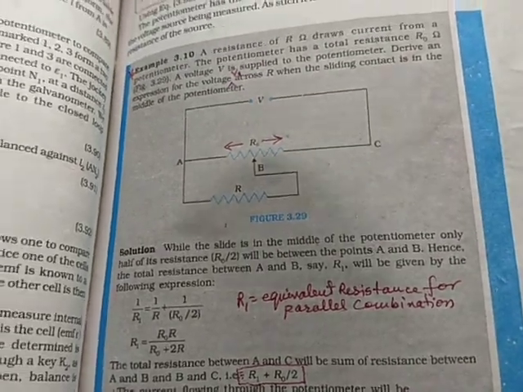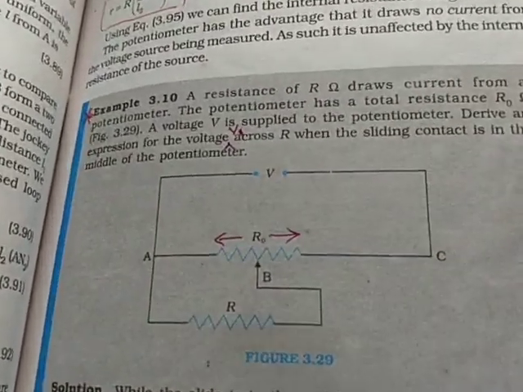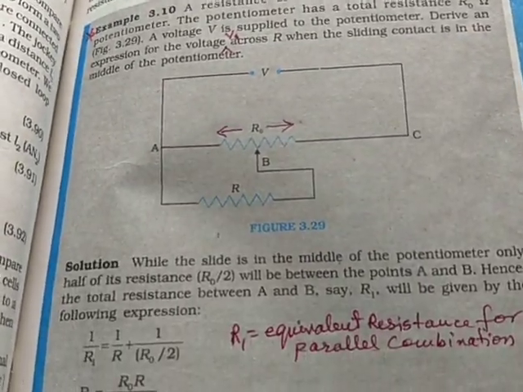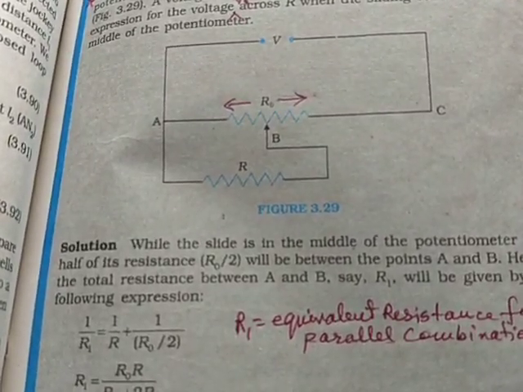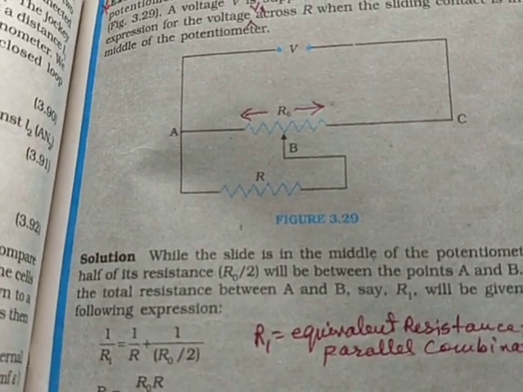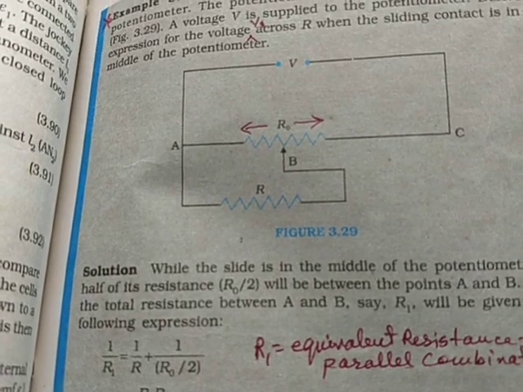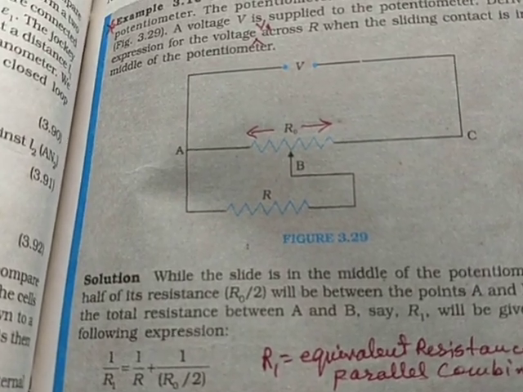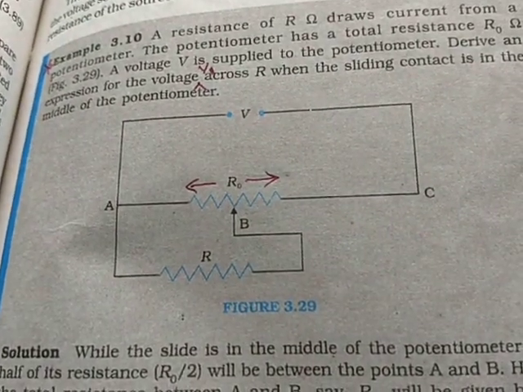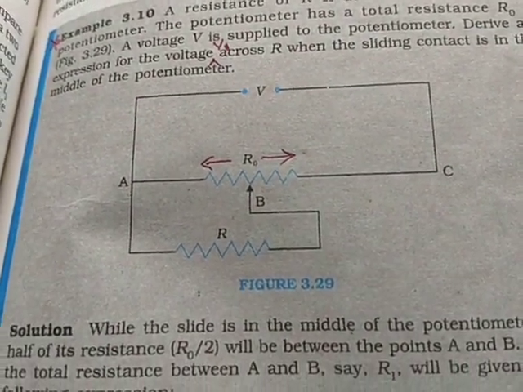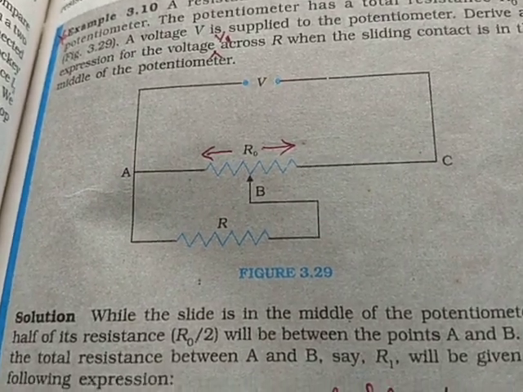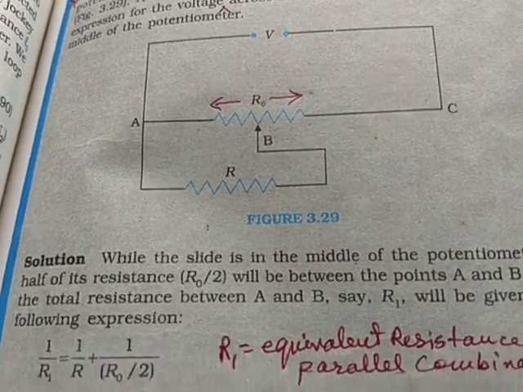Of class 12. Today we are going to discuss example 3.10, in which it is being asked: what is the potential across the arm AB, where B is the variable point on the potentiometer, that is the point of the slide, when a battery of potential V is applied across the potentiometer having total resistance R0, as you see in the diagram.